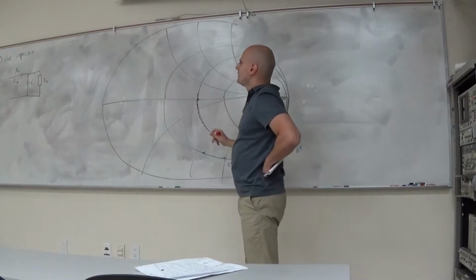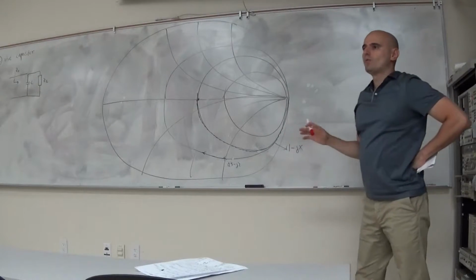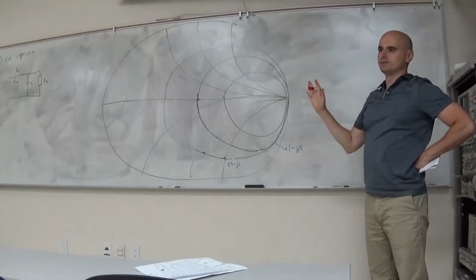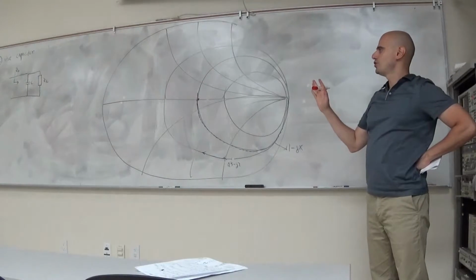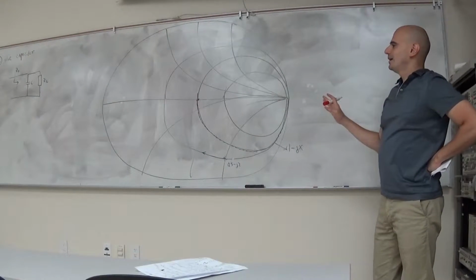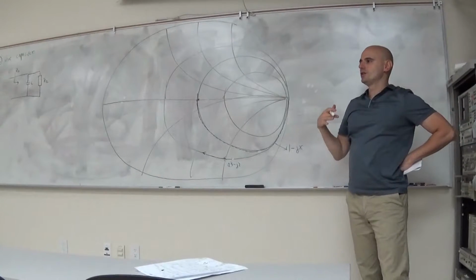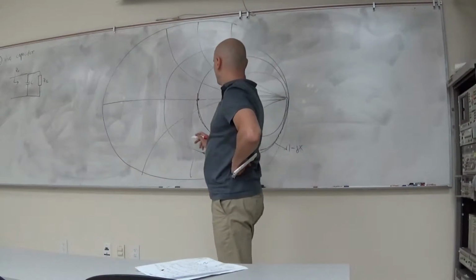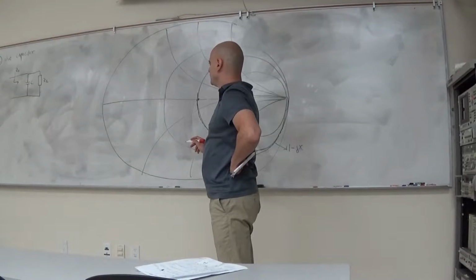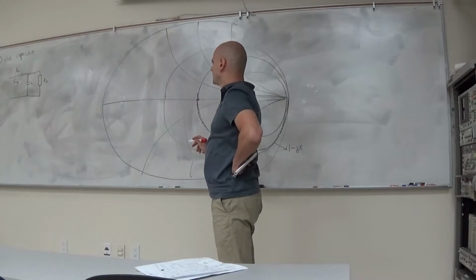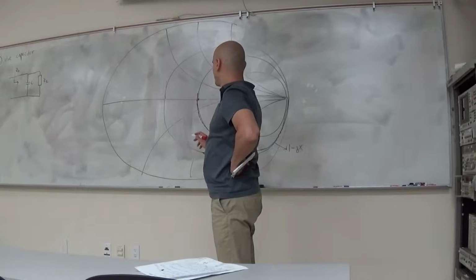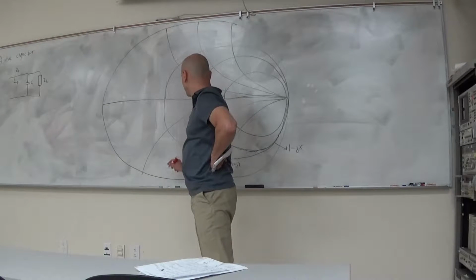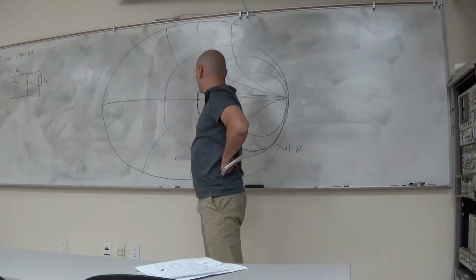Now let me be on the Y chart, because from the other end I'm adding an admittance, I'm adding a j omega c. Let's say I'm now on the Y chart, and I've presented you with some YL.